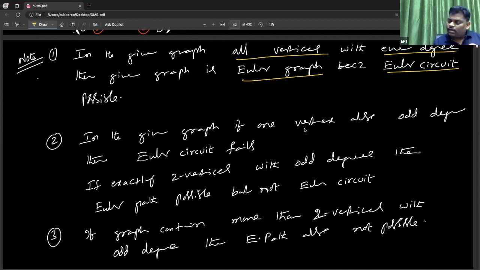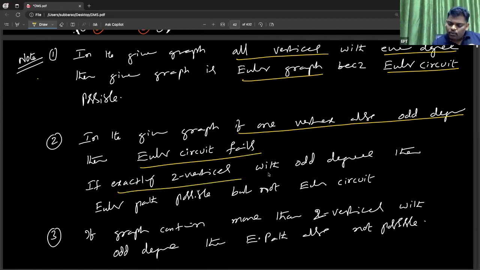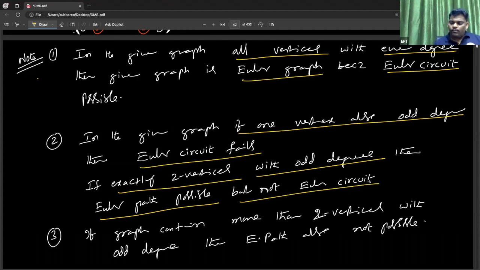If even one vertex has odd degree, the Euler circuit fails. Exactly two vertices with odd degree: Euler path possible, but not Euler circuit. More than two vertices with odd degree: Euler path also not possible.